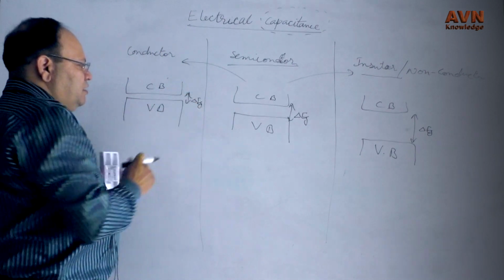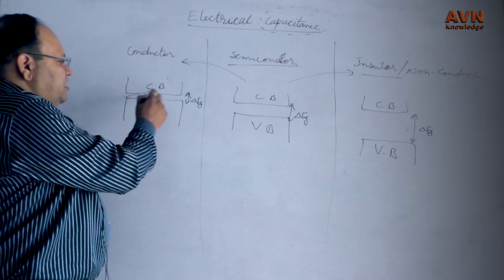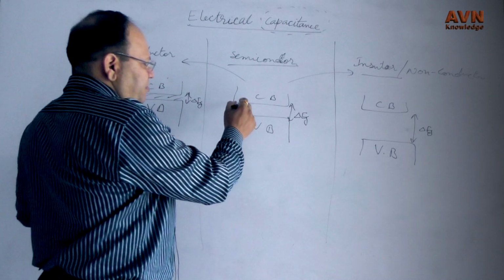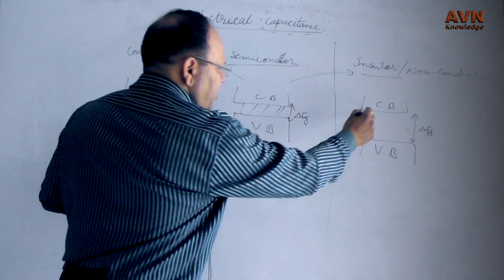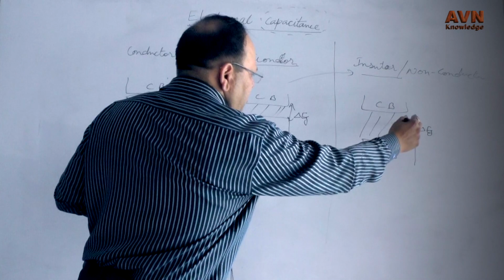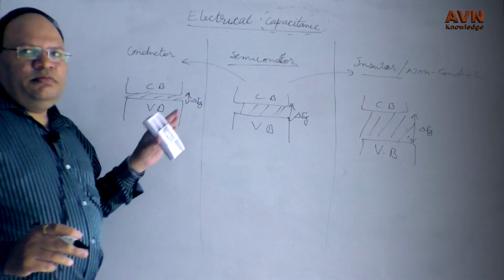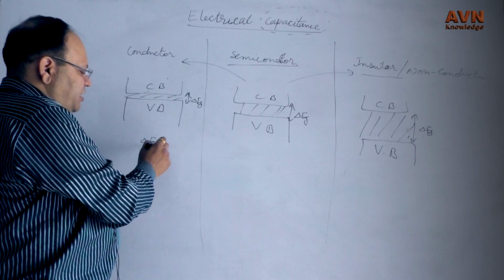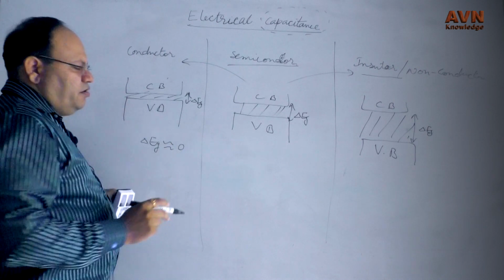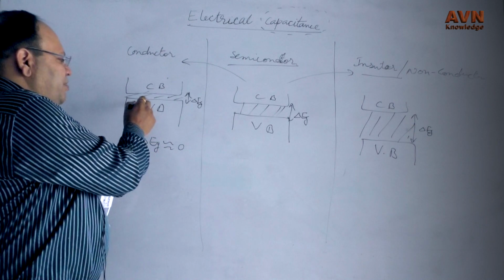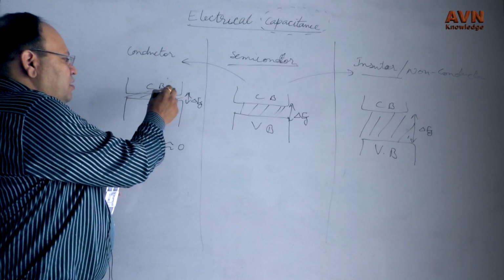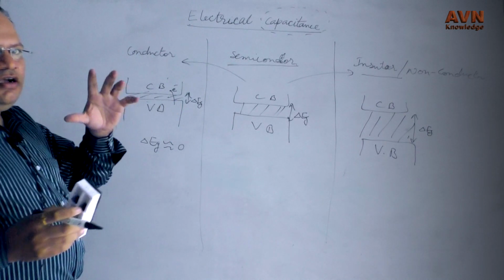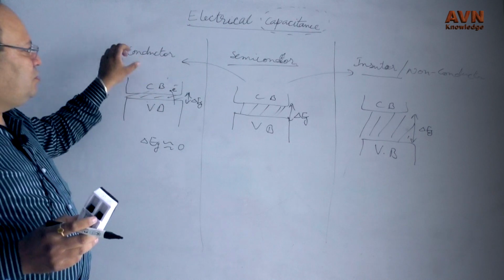So you can say here is the less energy gap, here is an increased energy gap, and in an insulator the energy gap is more. In a conductor, the valency band electrons easily move to the conduction band and are free to move.